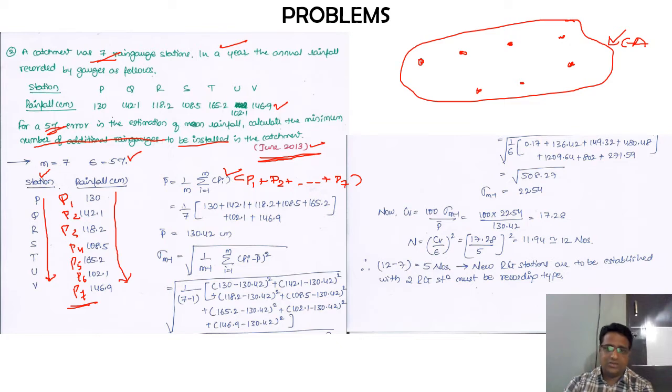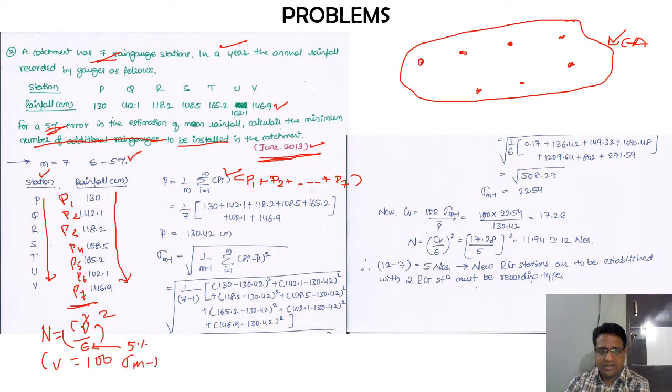Here also, as you have seen, we need to determine the value of n. So n is given by (Cv / epsilon) the whole square, where they have given the value of epsilon as 5%, whereas you don't know the value of Cv. Cv will be 100 times sigma m minus 1 divided by p bar.